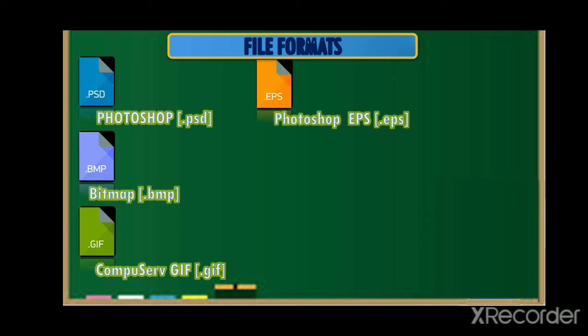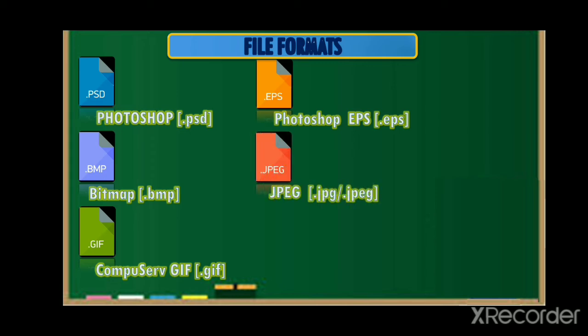Next is Photoshop EPS or .eps. EPS is a file format that is tailored to printers that use the PostScript language. This format is also used for transferring images to vector-based programs such as Adobe Illustrator.